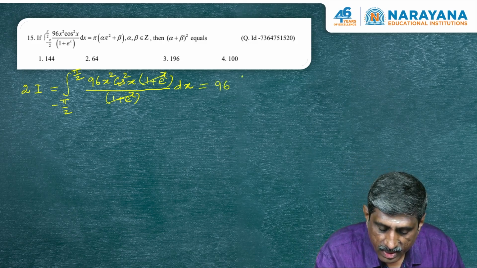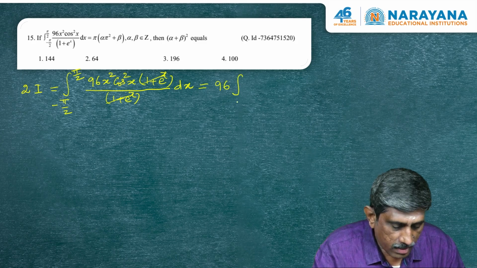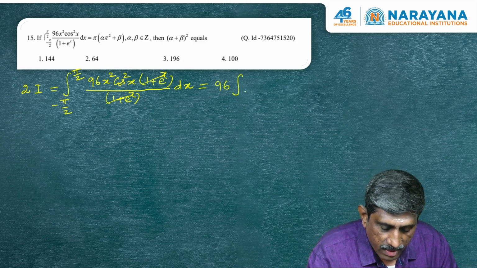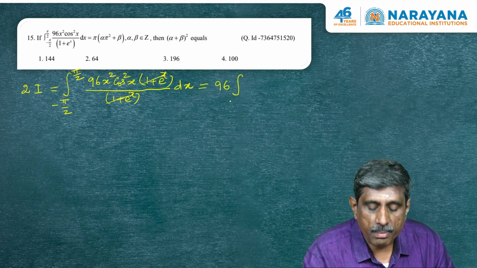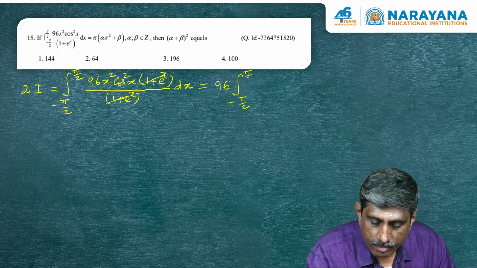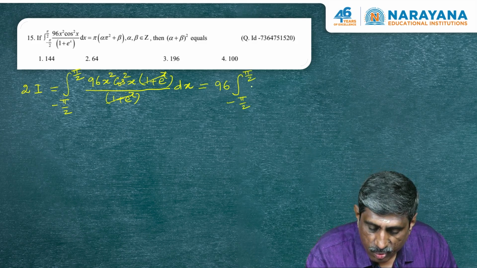96 times the integral from minus pi by 2 to pi by 2 of x square into cos square x dx.